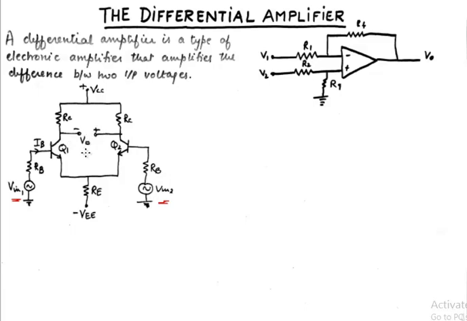V1 minus V2 is what we get as the output. This is the circuit diagram for a differential amplifier, and based upon this circuit diagram, various permutations are possible.